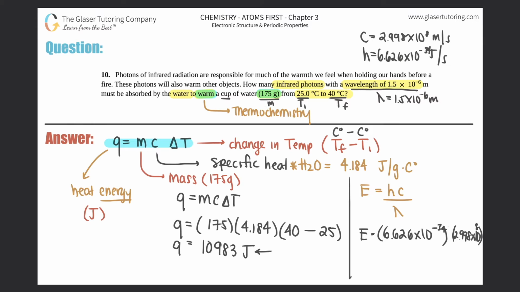I'm running out of room. Sorry about that, guys. Over the wavelength. It's already in meters, so we're good to go. 1.5 times 10 to the negative 6th.